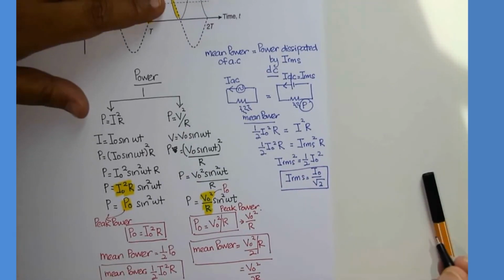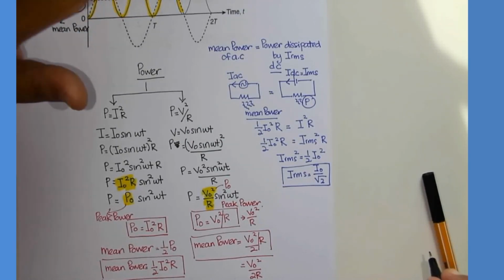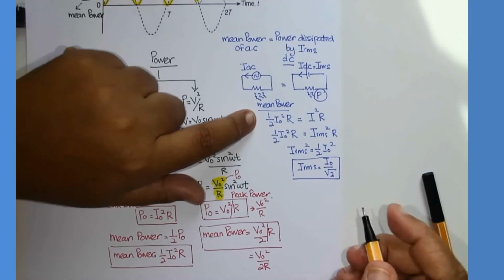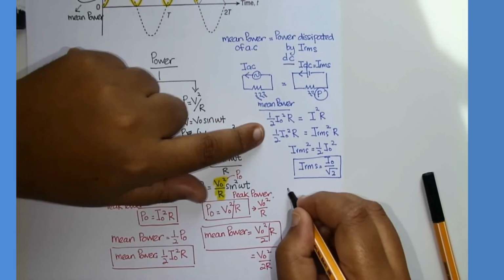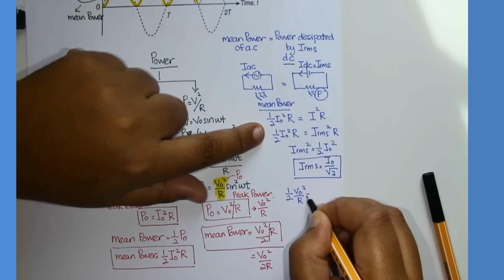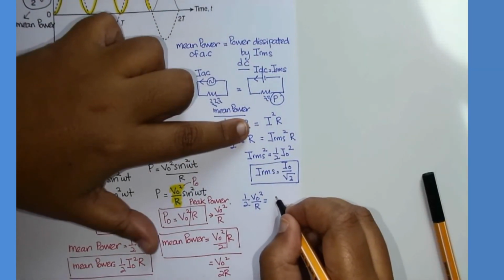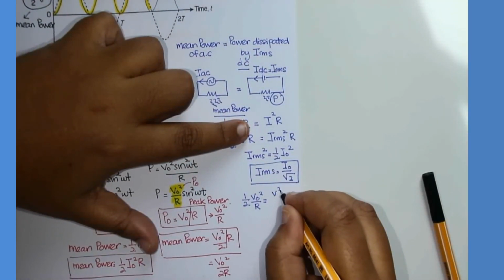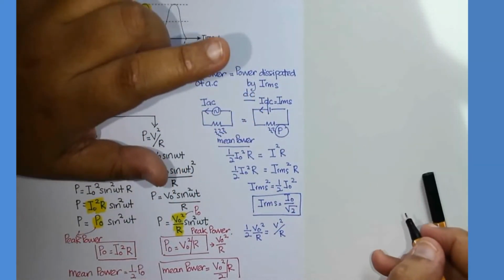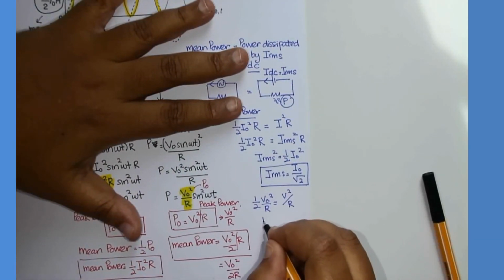Same goes for voltage. Let's say for example, for mean power, we want to look at voltage. Mean power half V naught square over R is equal to, in the DC, power is V square over R, and the voltage of a DC equals VRMS of an AC.